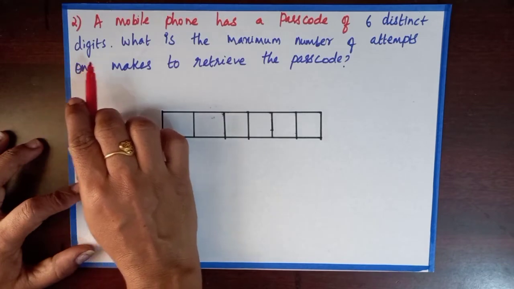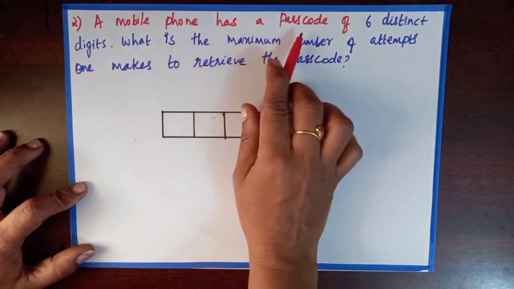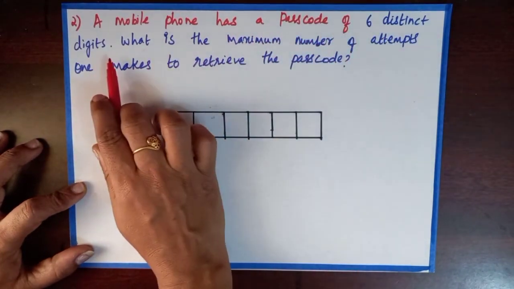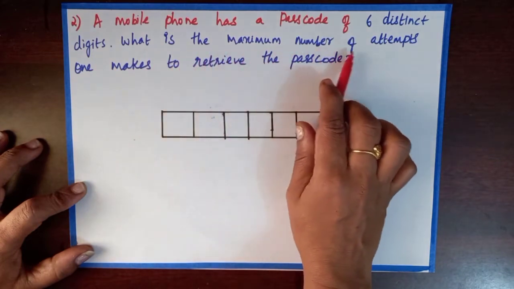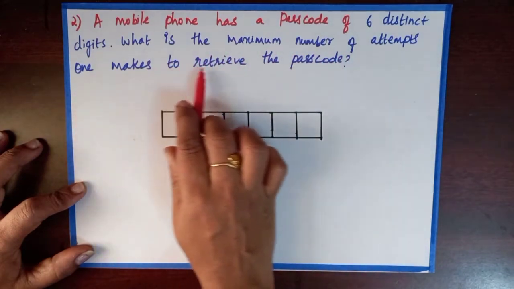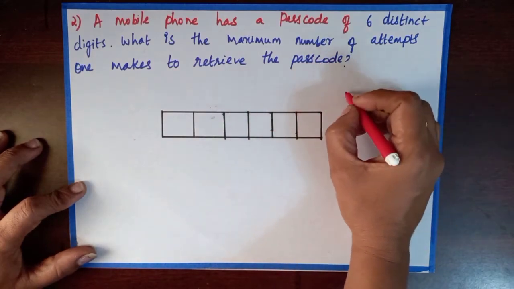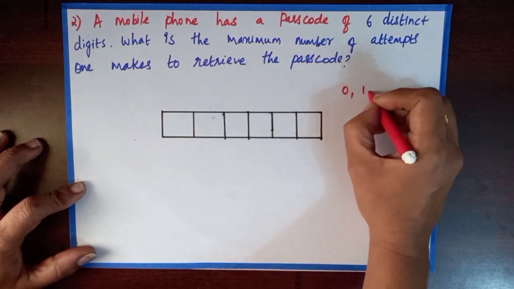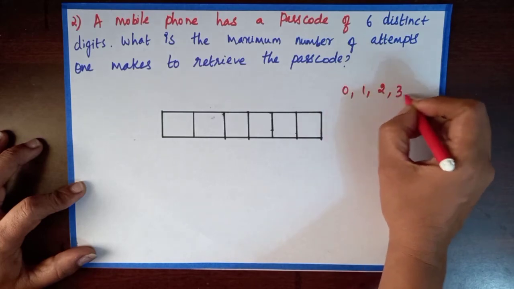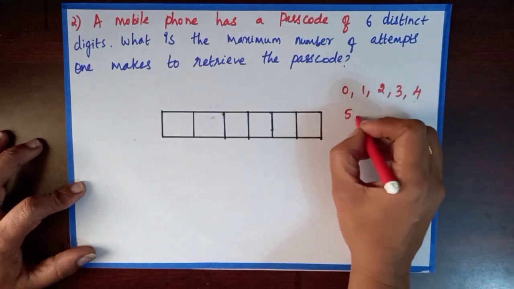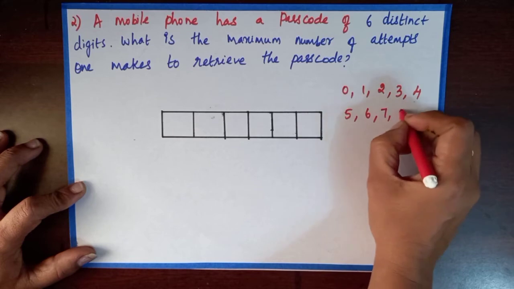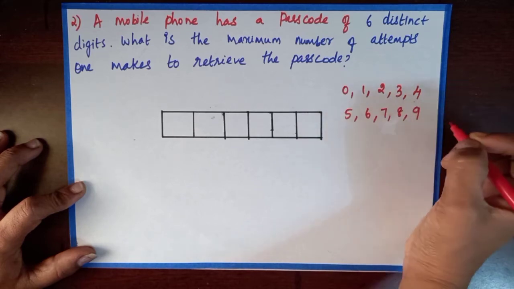Question number 2. A mobile phone has a passcode of 6 distinct digits. What is the maximum number of attempts one makes to retrieve the passcode? Here we need to use the digits 0, 1, 2, 3, 4, 5, 6, 7, 8, 9.